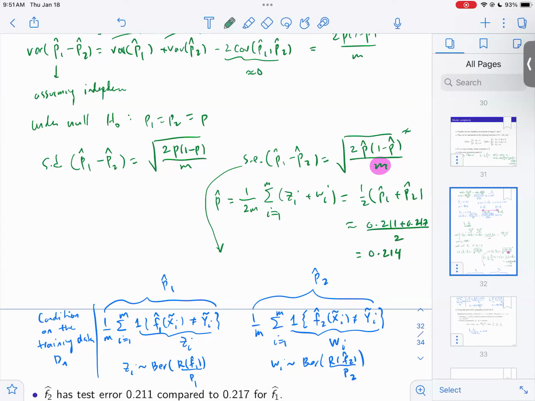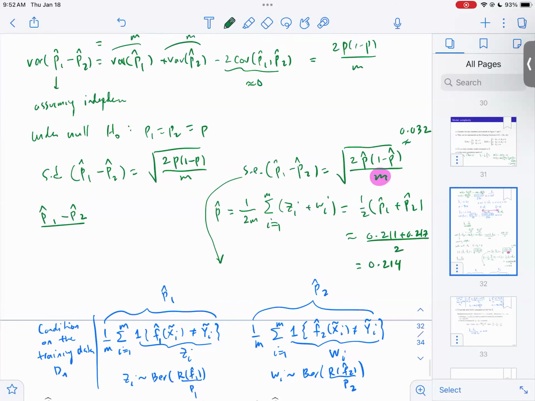The idea is that you can argue, and this is not hard if you know about asymptotic distributions and the central limit theorem, that p hat 1 minus p hat 2 divided by this standard deviation, which we're approximating, this is the true standard deviation, is going to converge to a normal with mean 0 and variance 1 under the null.